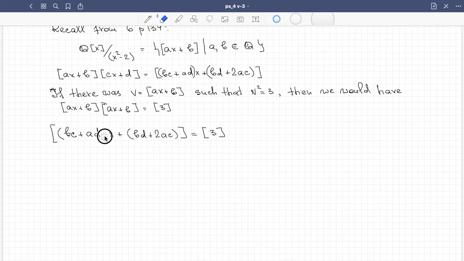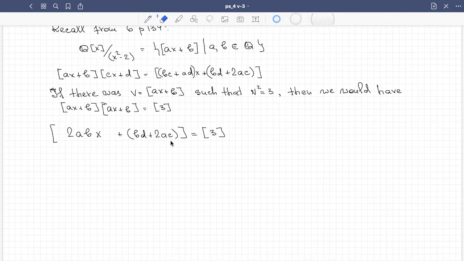So it is 2ab times x. And this is not bd but b squared, and not plus 2ac but plus 2a squared, since a and c are the same, b and d are the same.